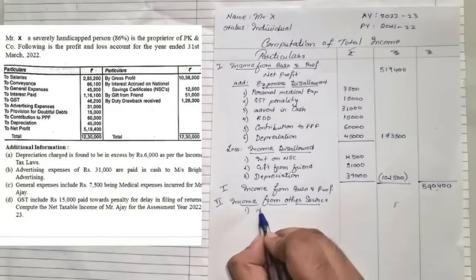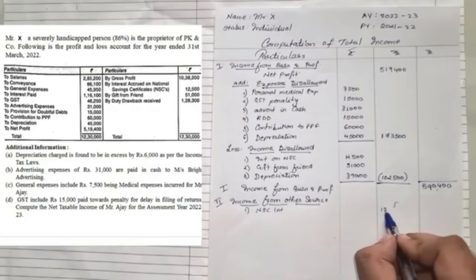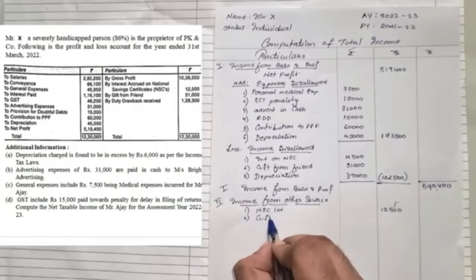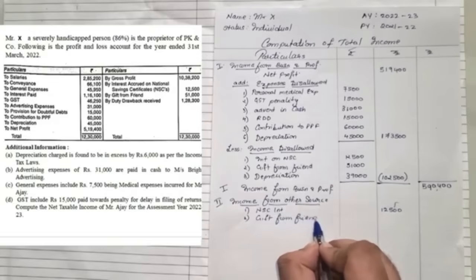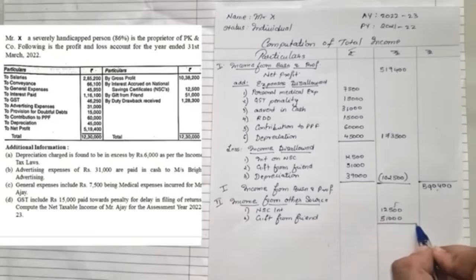So number one, I have NSE interest, which is 12,500, and second, gift from friend, which is fully taxable, 51,000. So the total comes to 63,500 as income from other source.